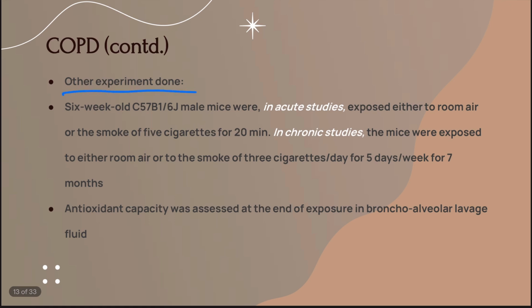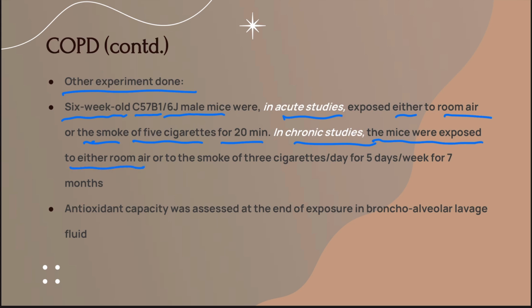Now coming to the other experiments done for COPD, so we can do acute studies and we can do chronic studies also. So for both the cases, we will take the same type of mice only, that is 6-week-old C57Bl/6J male mice. In acute studies they will be exposed to either room air or to the smoke of 5 cigarettes for 20 minutes, and in chronic studies the mice will be exposed to either room air or to the smoke of 3 cigarettes per day for 5 days per week for 7 months.